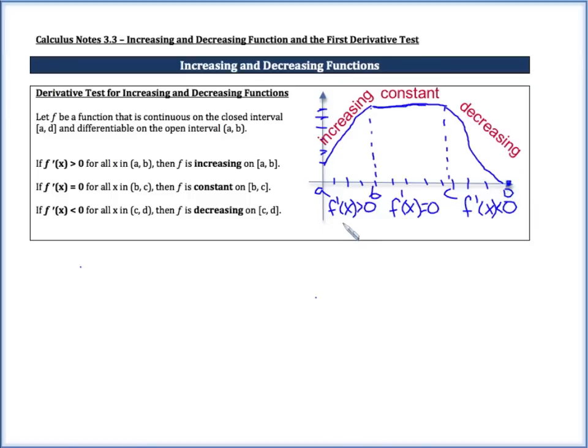We can also think about something greater than 0 as positive, this equals 0, and something less than 0 as negative. Okay, so this is our test to determine where a function is increasing or decreasing.